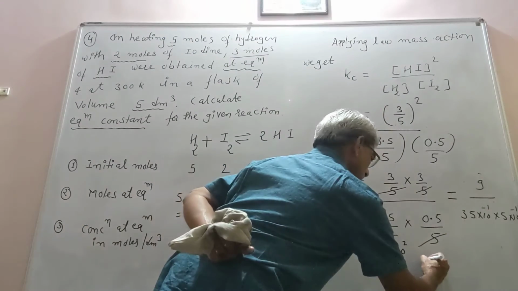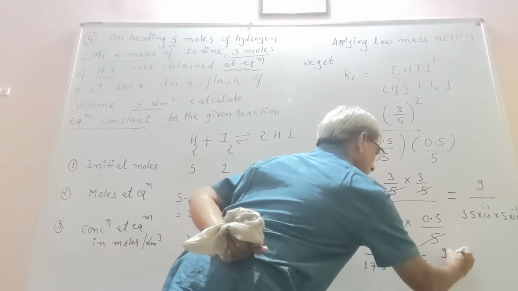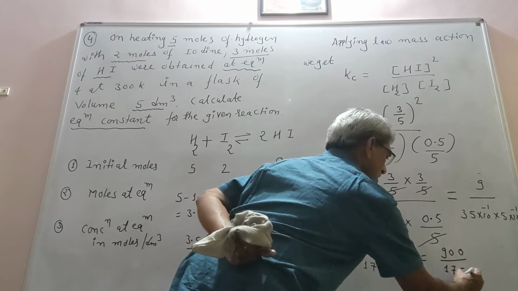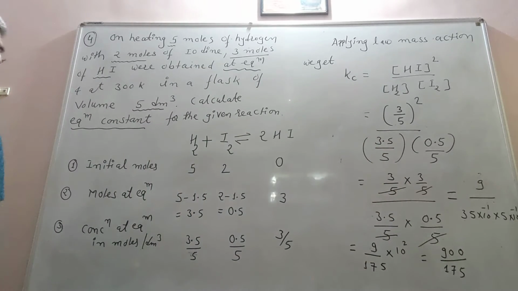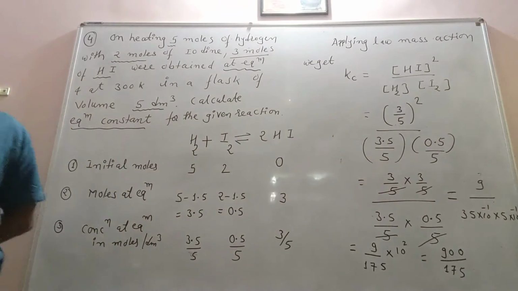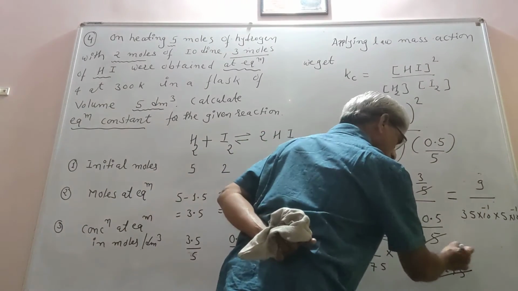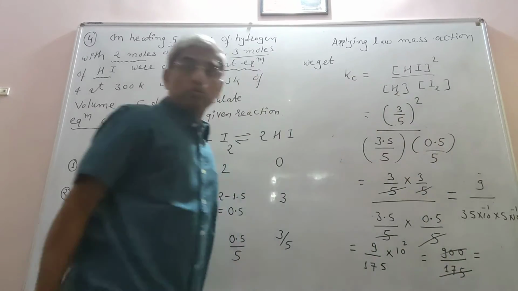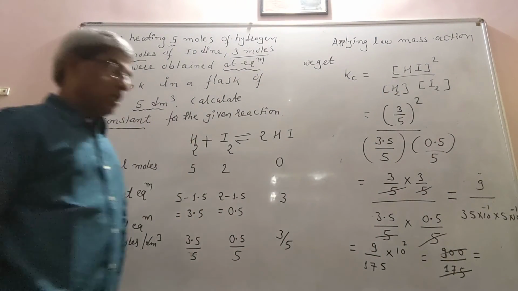Then it is equal to 900 divided by 175. By doing the division, it is equal to 5.14.